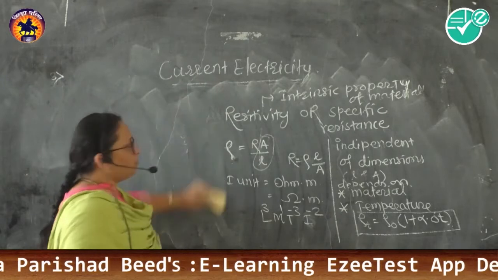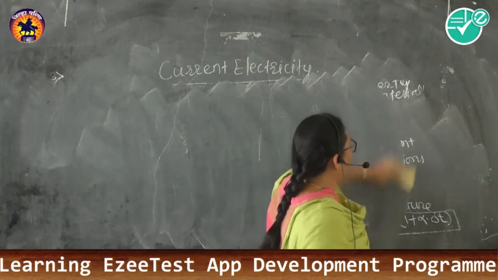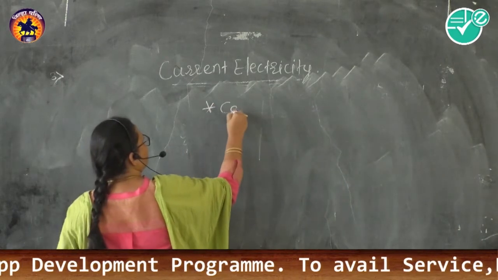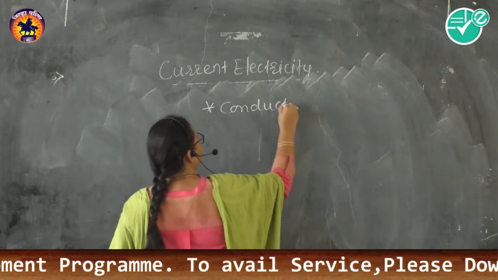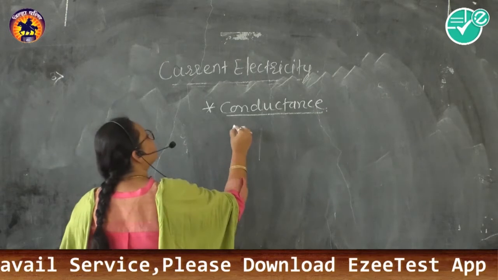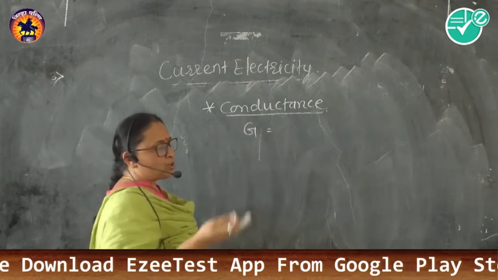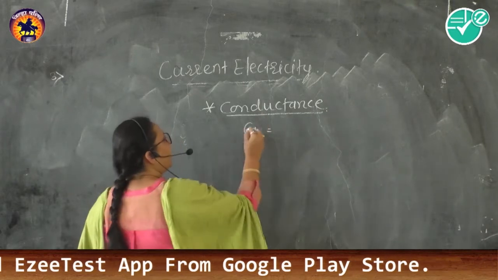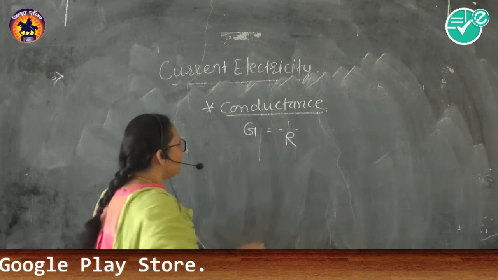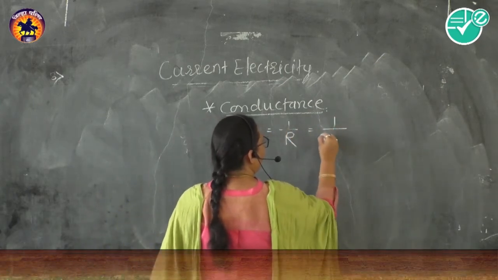Now the next term, which is also important and goes parallel with resistance, is conductance. In my last period, I said that conductance is denoted by letter G. It may also be denoted by letter C, and conductance is the reciprocal of resistance. That means conductance has the unit 1 by ohm.